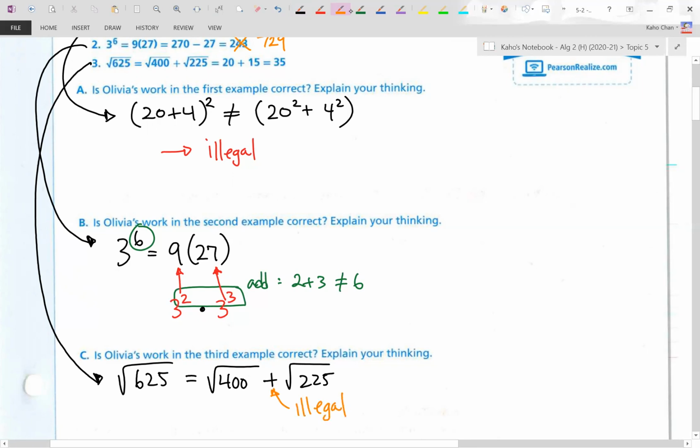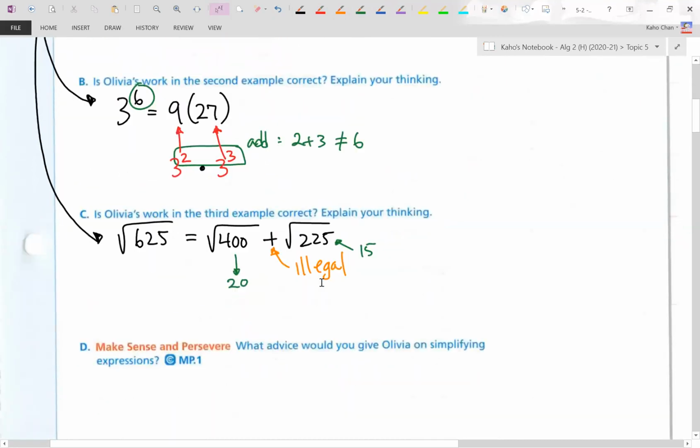In fact, I do know from experience the square root of 625 is 25. And we know that the 400 is 20 and the 225 is 15. So 20 plus 15 is not 25. That's illegal. Okay, great.